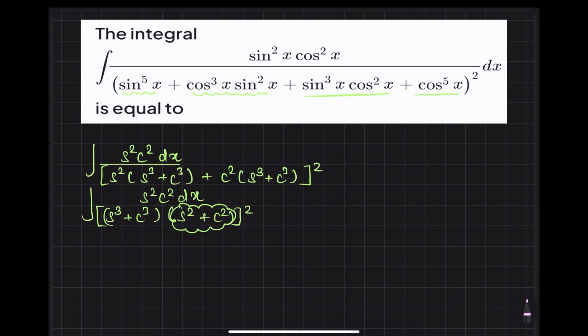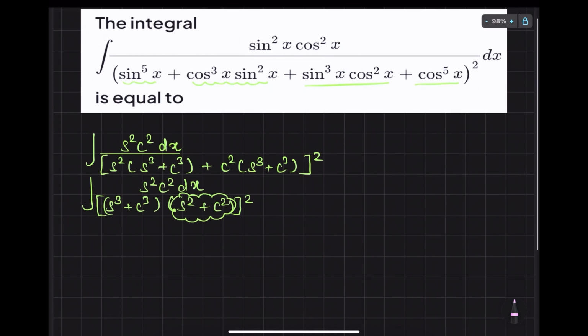Now the point is, you know that while dealing with trigonometry we majorly rely on tan theta. So what you have to do, look, try to take cos cube x common.